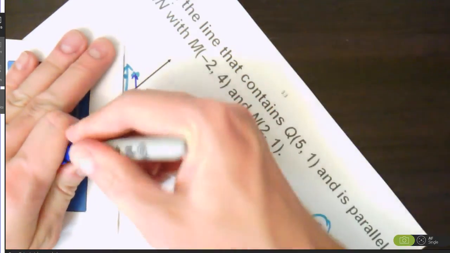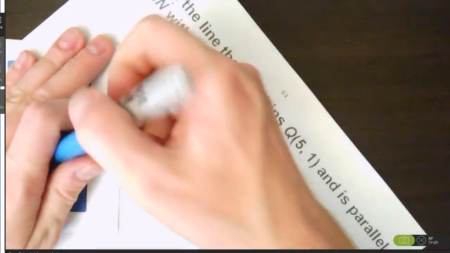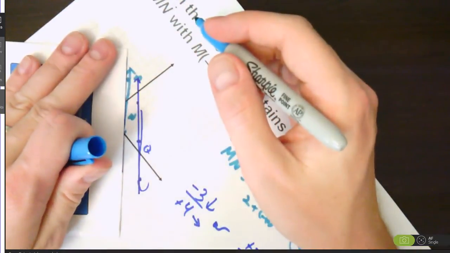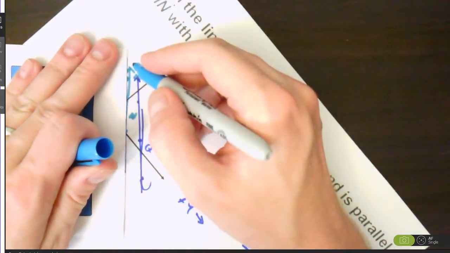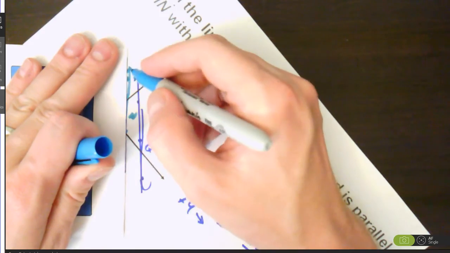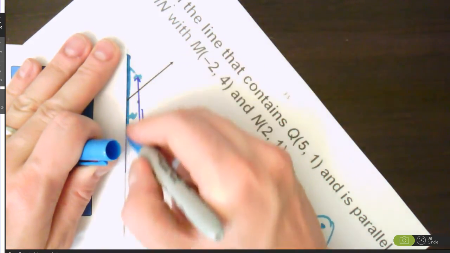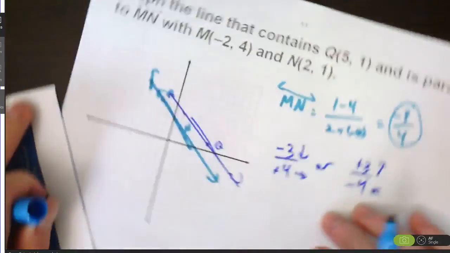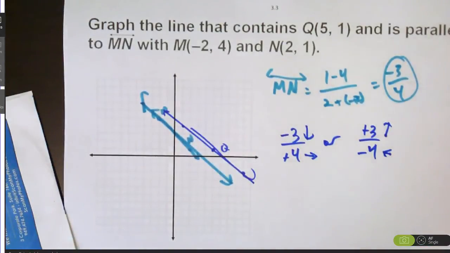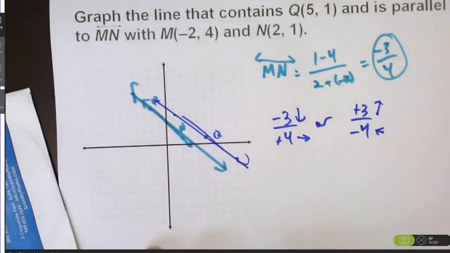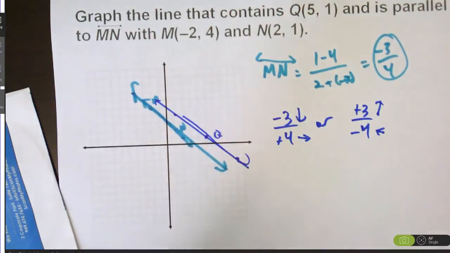That's why this looks so not parallel. There you go. That's a little better. So when you freehand it, it doesn't jump out as being parallel. So use a ruler; it'll look prettier.